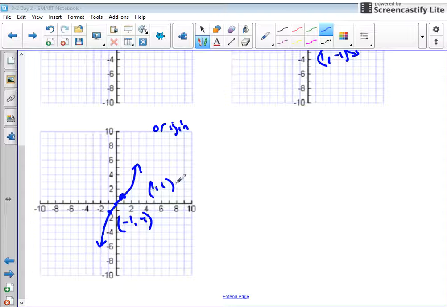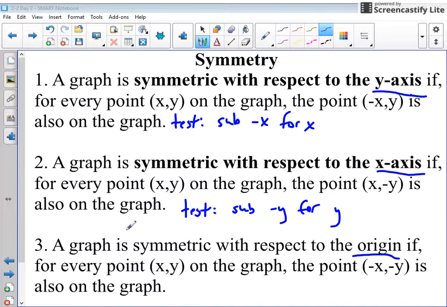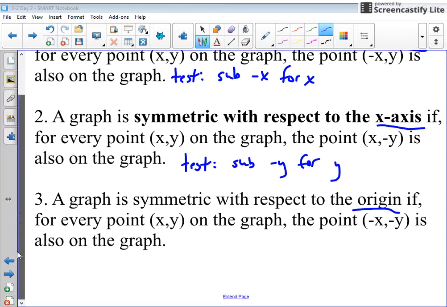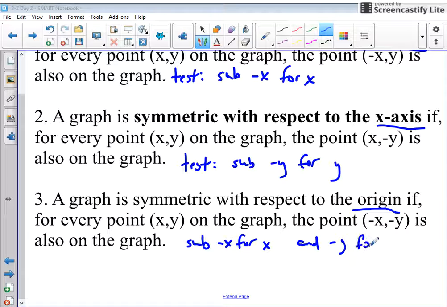Both of the x's and y's are exactly opposites. So the test for this would be to substitute a -x for x and at the same time -y for y. So you make both the x and the y negative.